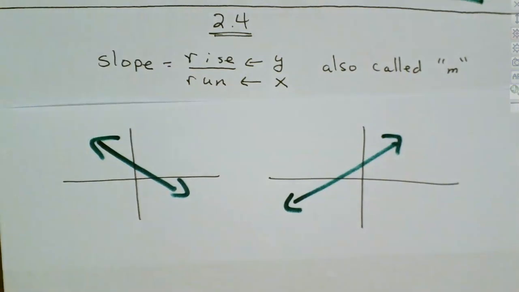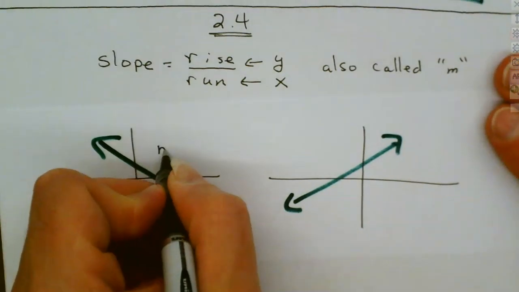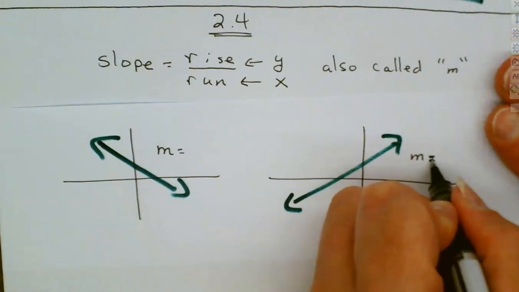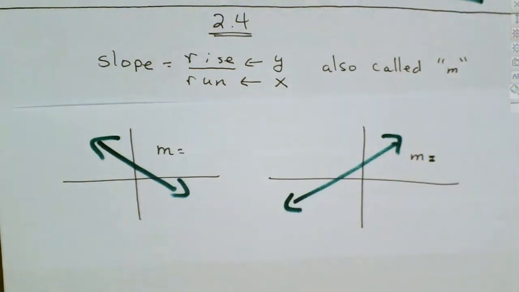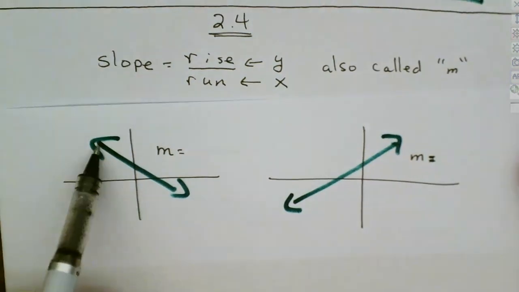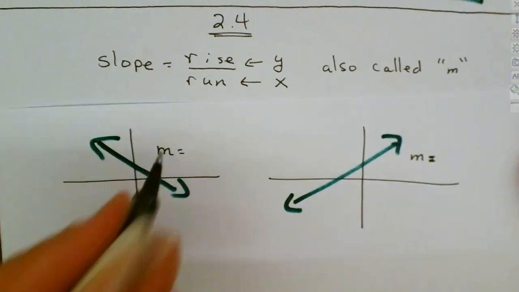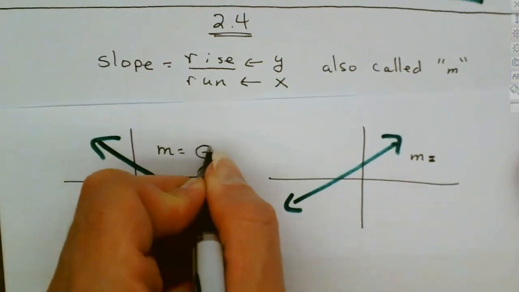So we're going to be talking about the slope. Now the slope on these is either going to be positive or negative. And we can also think about it as an increasing or a decreasing function. So let's look at this line here. This line is a decreasing function, and my slope would be negative, right?